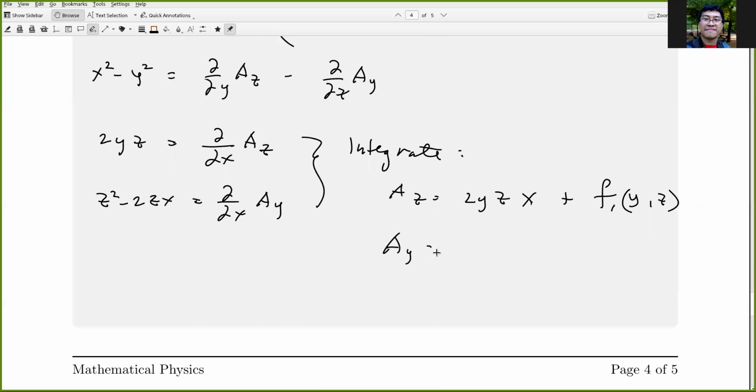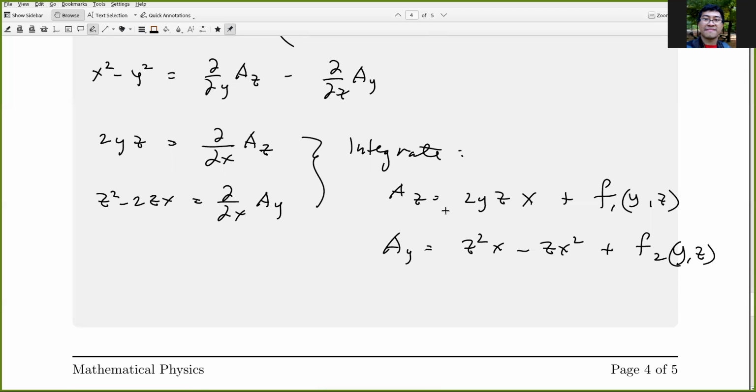Similarly for AY, take the integral with respect to x. That would be z squared x minus z x squared plus f2 of y, z. To check, if we take the partial derivative of this AZ with respect to x, you get 2yz plus, here, this is not a function of x, so this is 0. Similarly, here you have z squared minus 2zx.